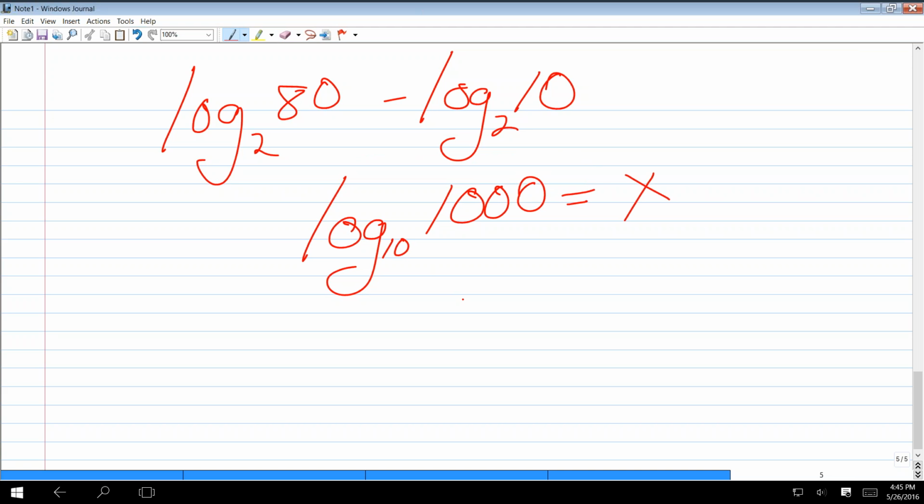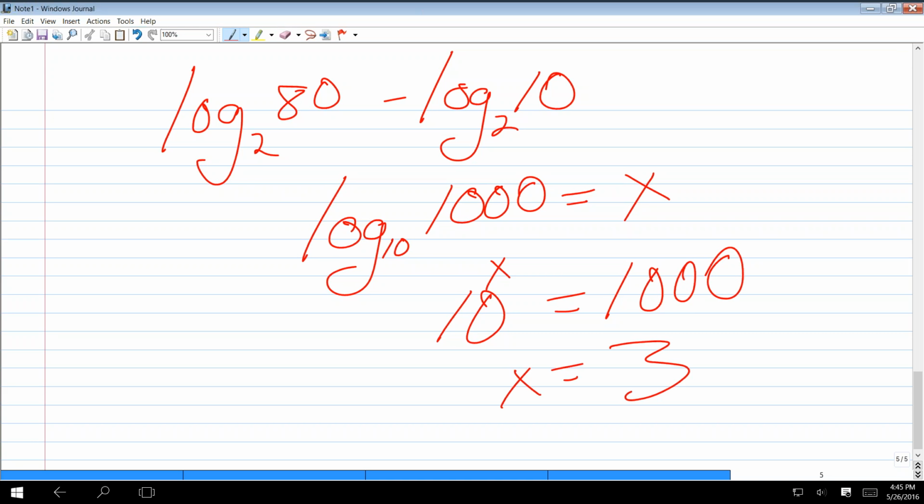And now how do I solve that? Well, it's 10 to the x equals 1,000, and that I can solve. I know 10 cubed is equal to 1,000. So some log expressions you're going to be able to solve without a calculator. Like this top one. That turned into the log base 2 of 8, which we were able to solve. That's equal to 3.